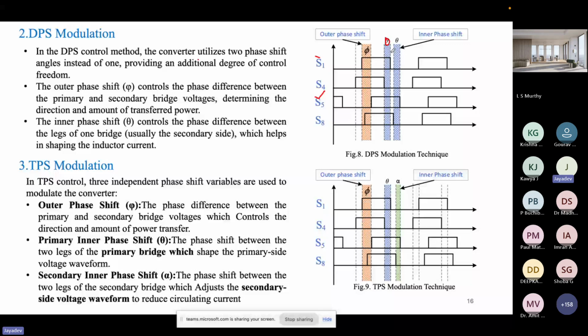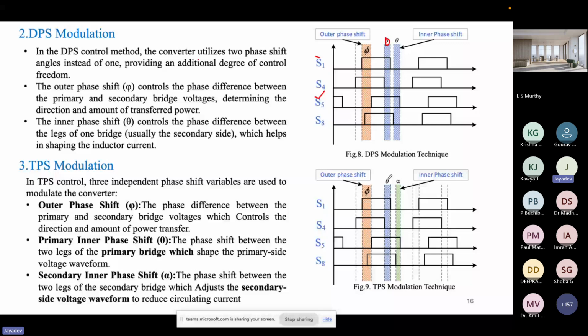That inner phase shift incorporated between the legs is the same amount for the primary side leg and secondary side bridge leg. But in TPS control, the phase shift is dynamic, meaning it is not the same for the primary side and secondary side. It varies accordingly.